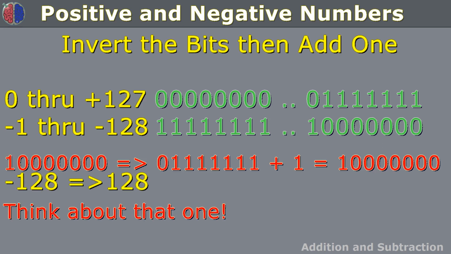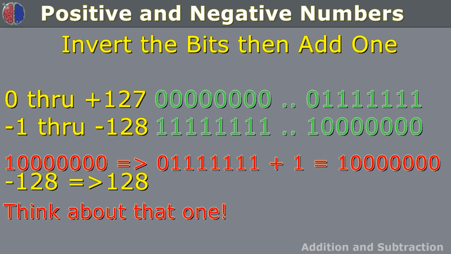Let's take the negative 128, which is 1 followed by 7 zeros, invert it, we get 127, we add 1 and we get 128. But you're saying, wait a minute, we wound up with the same number. It's kind of like 0 and 0. No, because the red numbers on the left are treated as signed bytes. After the equal sign on the right hand side, those are treated as unsigned bytes.